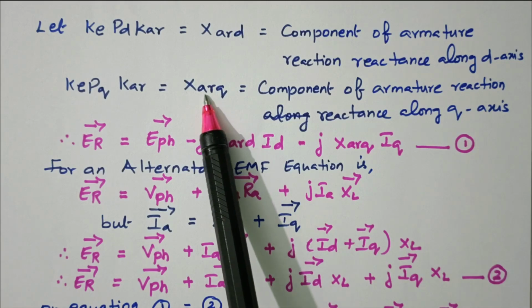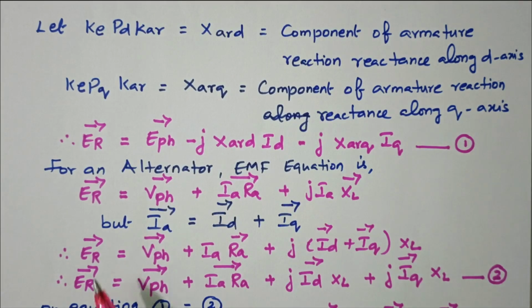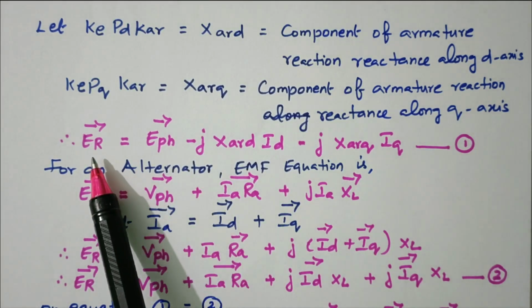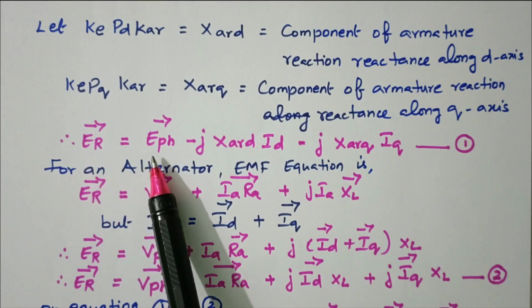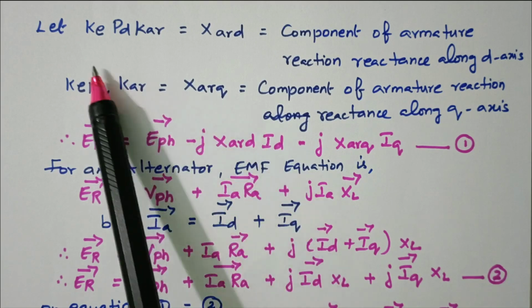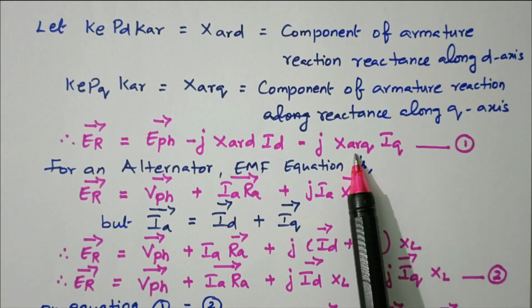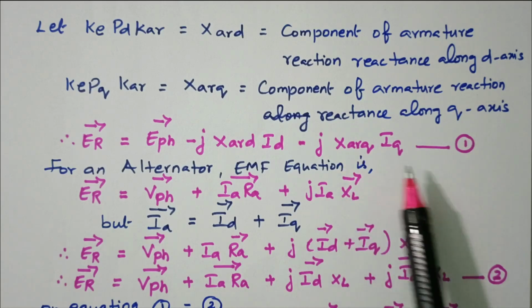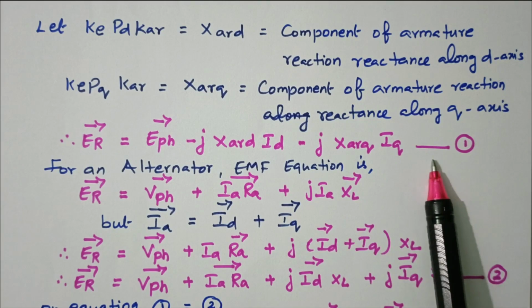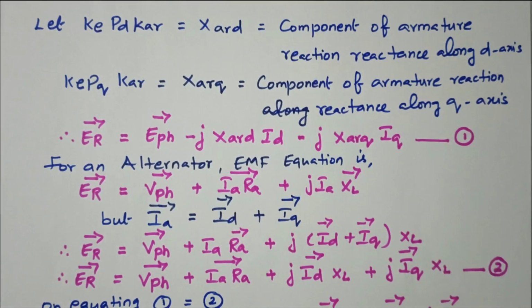So the above equation can be written as resultant emf equals E phase minus j XARd Id minus j XARq Iq. I will take this as equation number 1. So we got the first equation for the resultant emf.